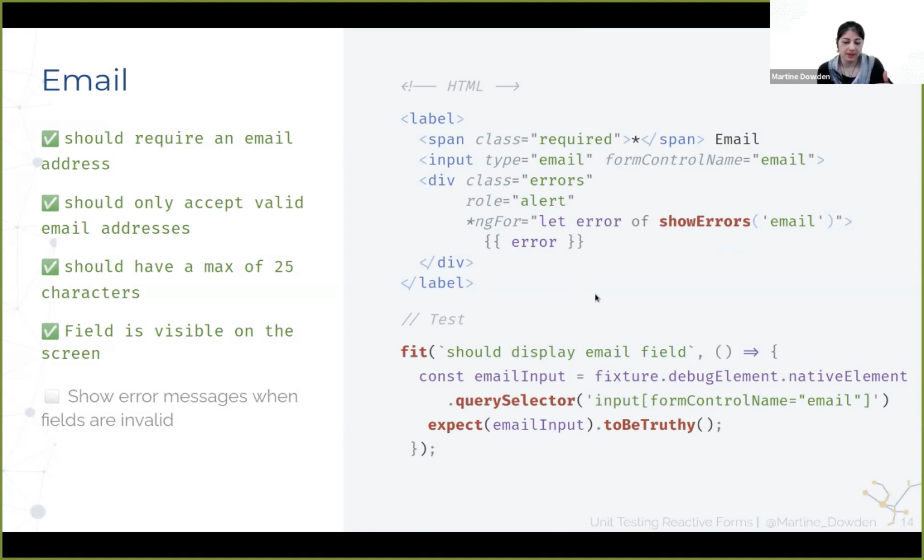To do that, we're going to use query selector. To get to query selector and to be able to use standard DOM manipulation, we're going to use fixture debug element native element. This gets us to the root of our component and of the HTML and allows us to use standard DOM manipulation to query for things, click on things, simulate events, whatever the case might be.